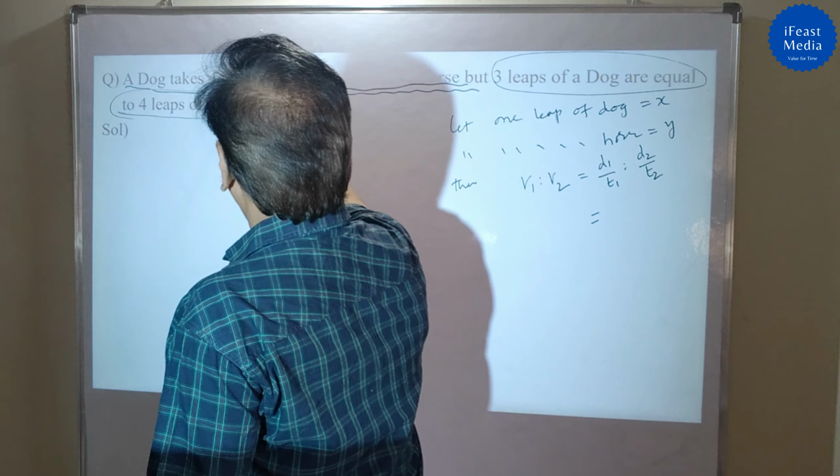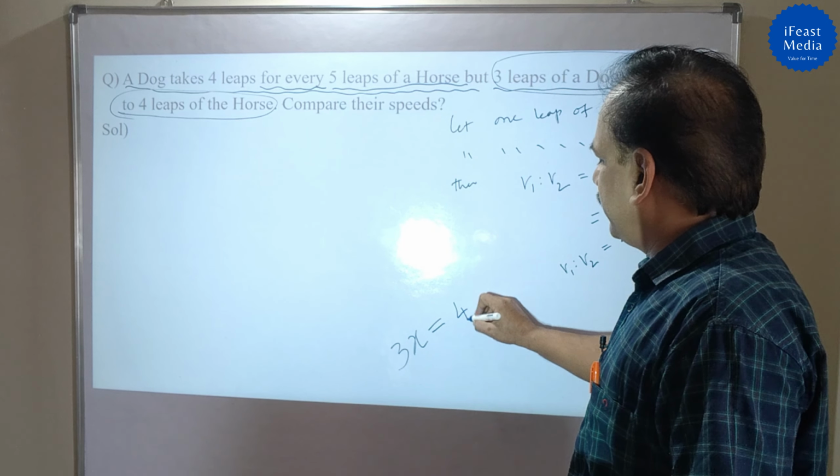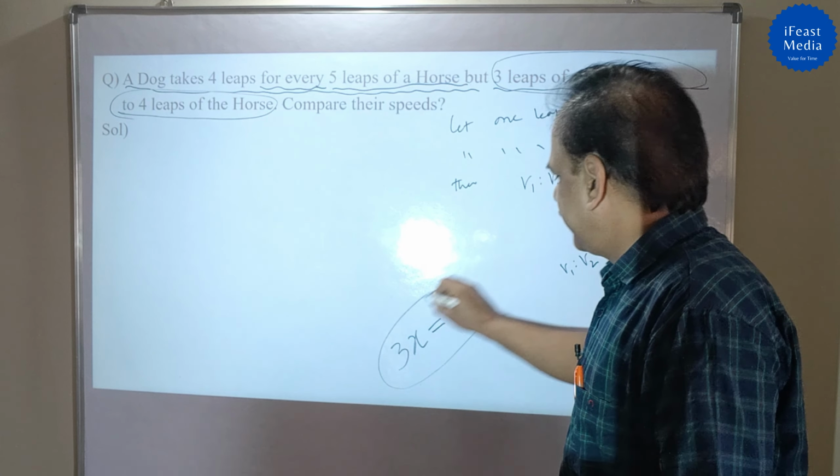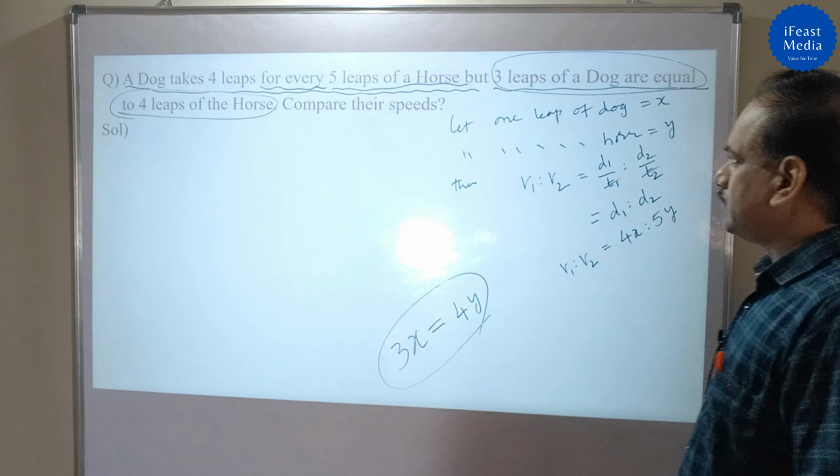But you are given another statement: 1 leap of the dog is x, and 3 leaps of a dog is equal to 4 leaps of the horse. So this is the relation between the distances covered by them.